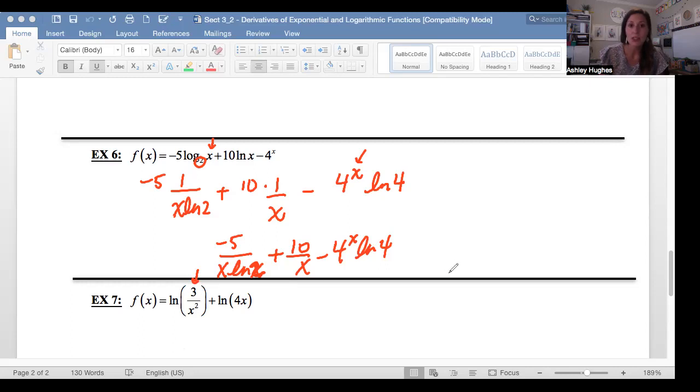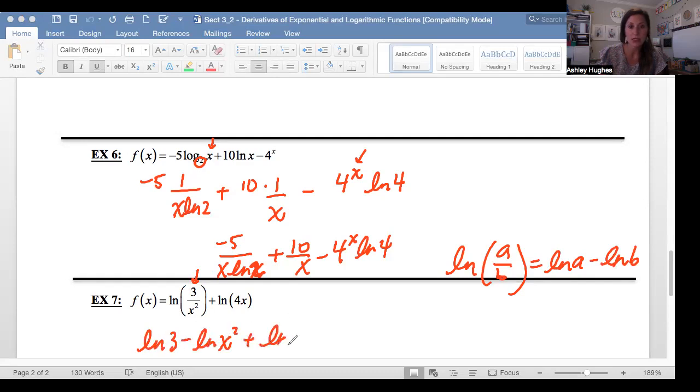So instead, we're going to use that property that's on the top of your notes. That says if you have natural log of a over b, that's the same thing as natural log of a minus natural log of b. So we're going to rewrite this as just subtracting those two things. Okay, and then we're going to take the derivative. Well, the derivative of natural log of 3 is just 0, because this is a constant. There's no x here.